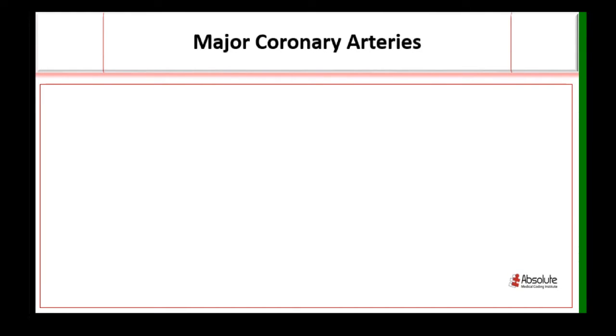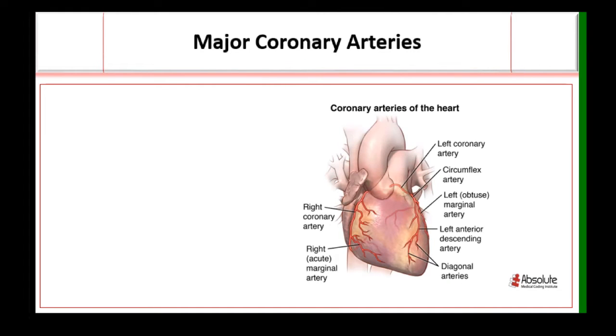Okay, so in order to code PCI, we have to know what the major coronary arteries are. There are 5. So I will tell you what they are and try to show you where they are on this diagram, on this image.